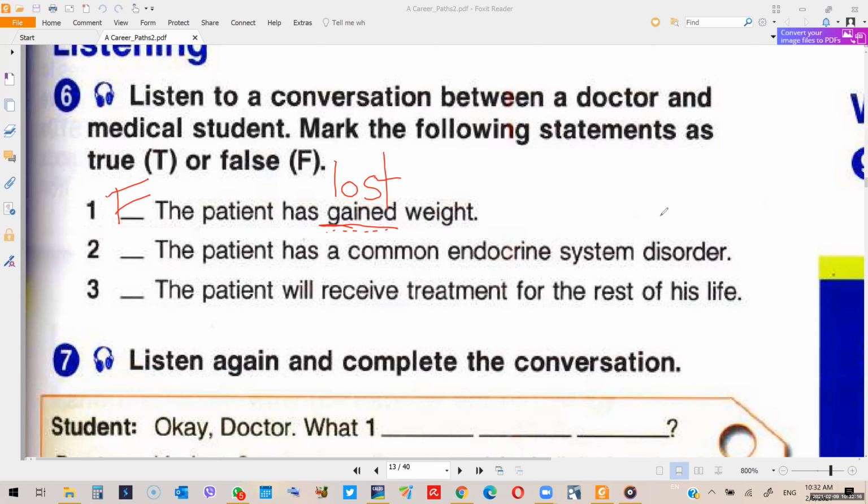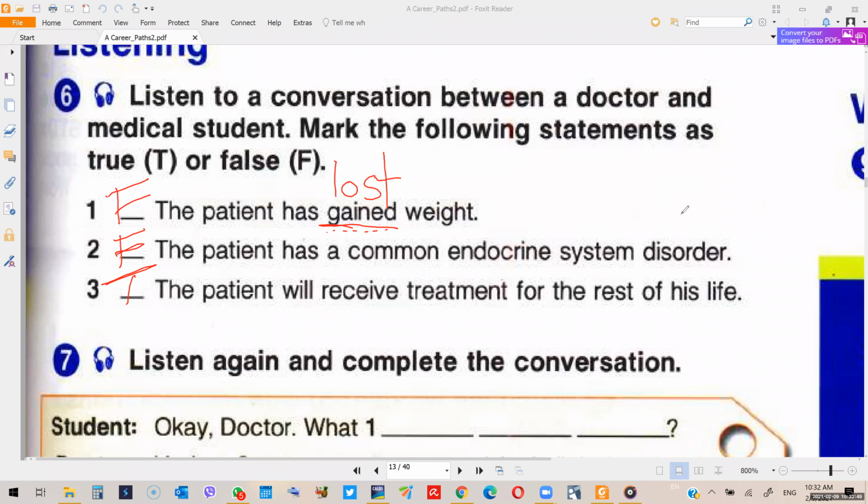A common? Yes. So this is false again. Then, number 3, the patient will receive treatment for the rest of his life. The rest of his life, yes, this is a chronic disease, and it takes a long time to deal with it. So this is true.